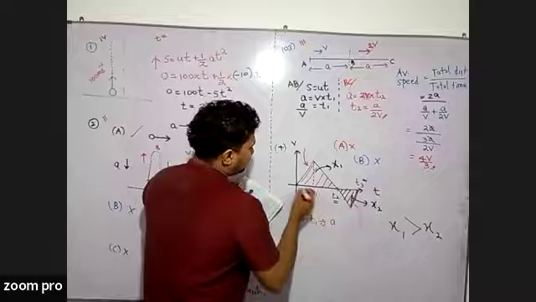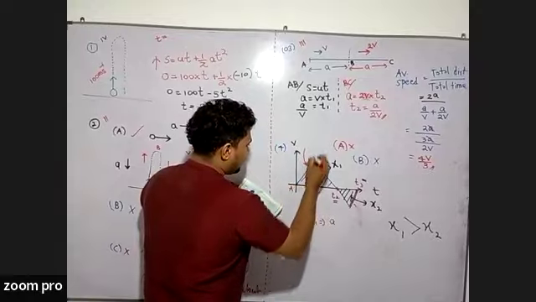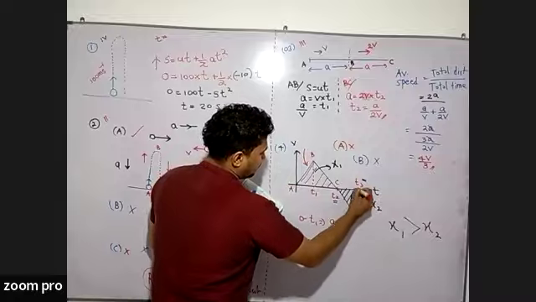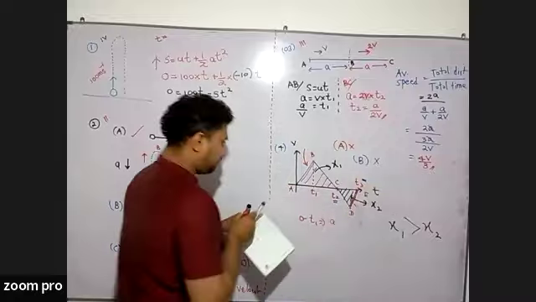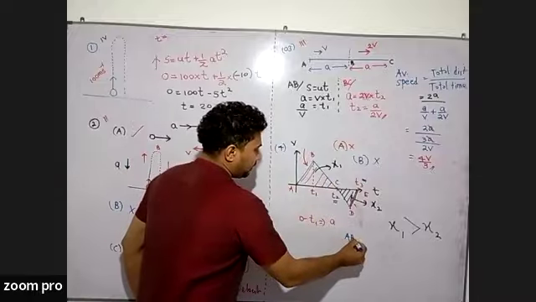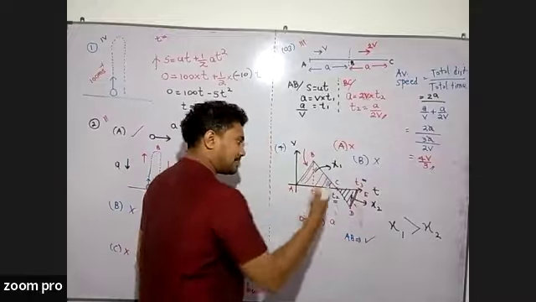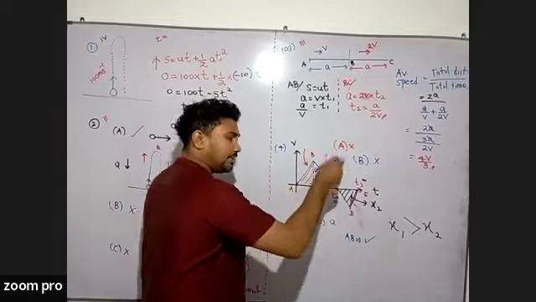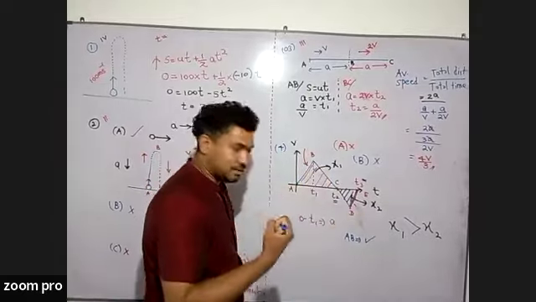Now if I give some letters for this graph, you can figure out that from A to B, the velocity is getting increased, so that's acceleration. From B to C, the velocity is getting reduced, so that means it's a deceleration.